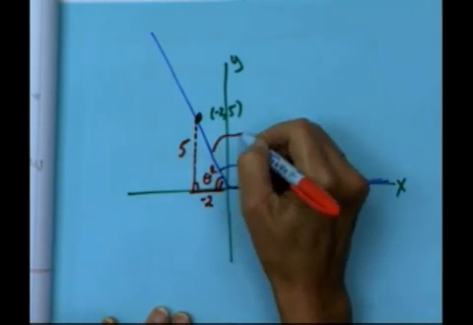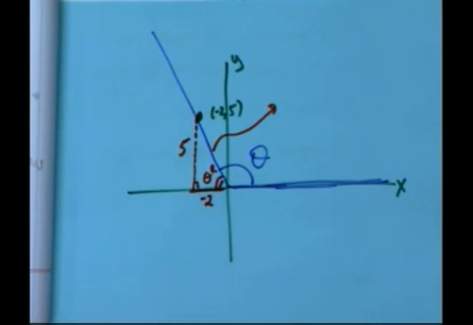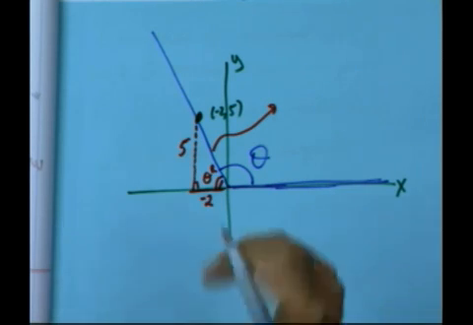And what's the hypotenuse? Do it in your head. What's the hypotenuse? Square root of 29.